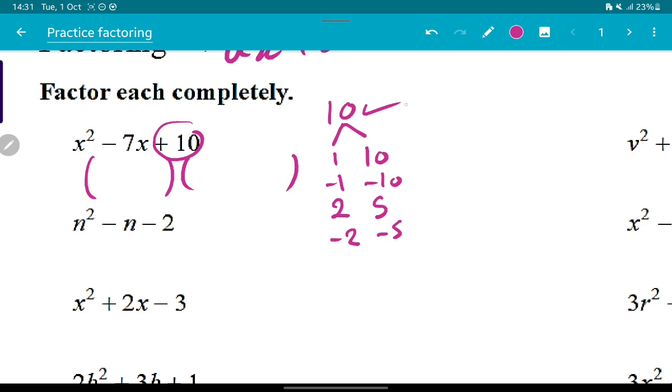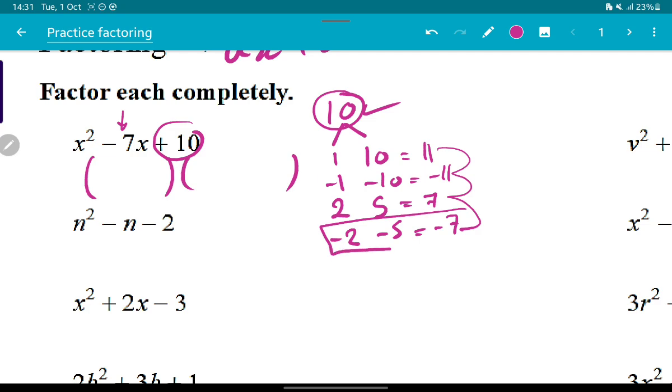But we need the pair that when we add, this gives 11, this gives negative 11, this gives 7, this gives negative 7. It means if we have 10, we may have one of 4 examples. Our example here is negative 7, so we choose these two factors. So we will write x and x for x squared, then negative 2 and negative 5 for the 10.